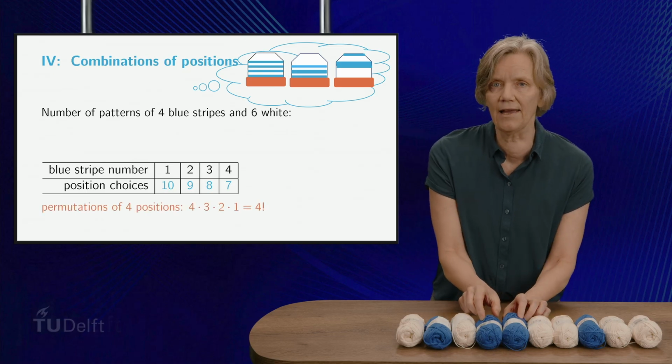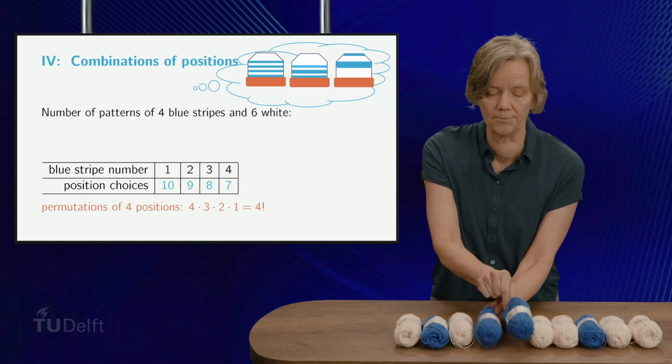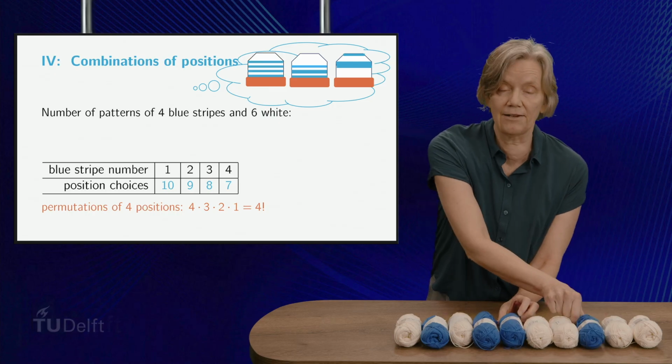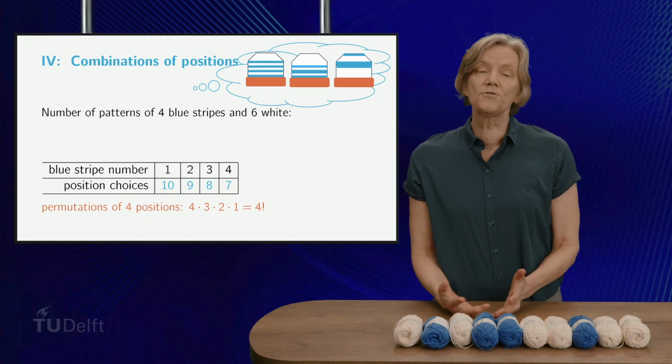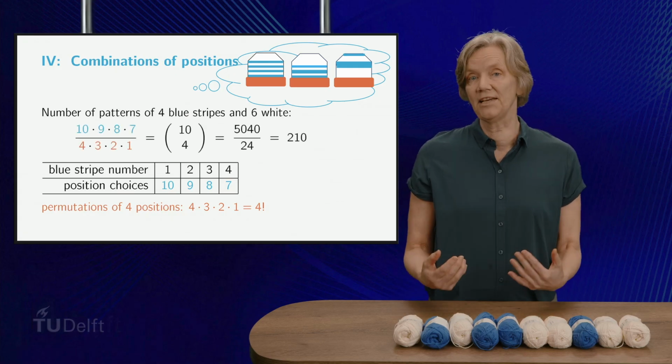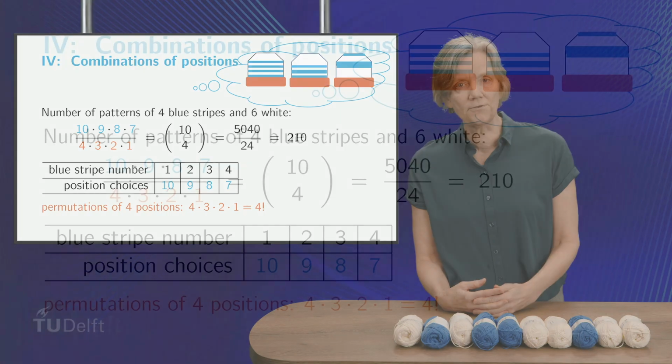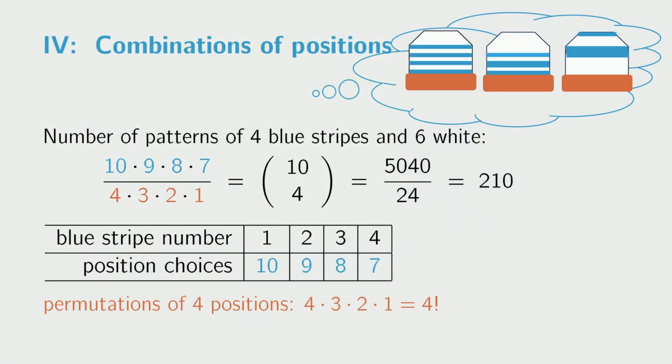Of course, the order in which the 4 positions for the blue stripes is chosen is irrelevant. There are 4 factorial permutations for the order. So the number of different patterns is 5040 divided by 4 factorial. This gives 10 choose 4 patterns.